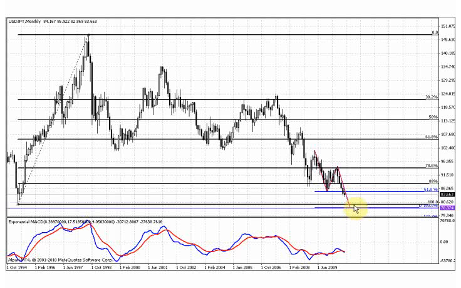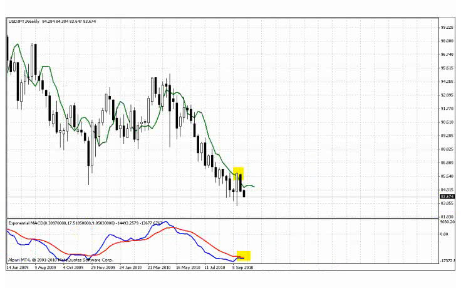Okay, now let's shift to the weekly chart. This is the weekly chart of the Japanese yen. A very interesting moment also exists here. This green line is the 3x3 moving average, the 3-period moving average shifted forward for 3 periods. Look at this, we have a solid thrust to the downside, close above the 3x3, close below.